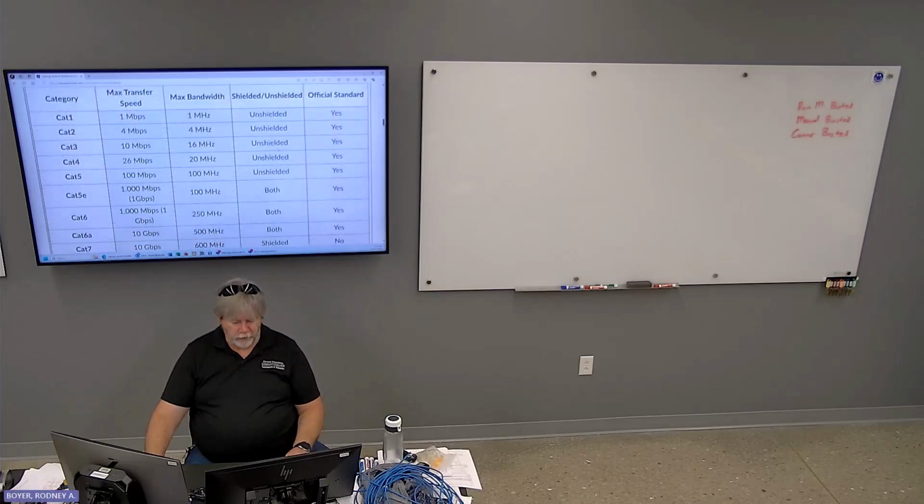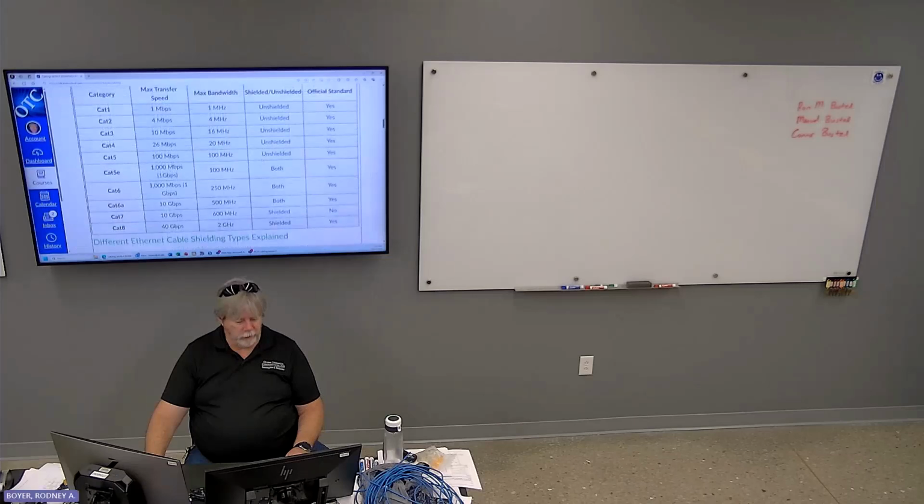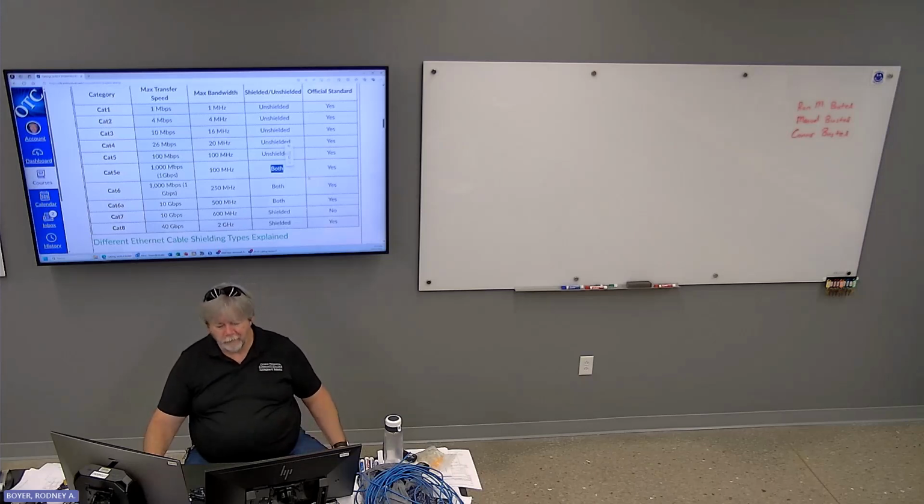So there's a chart that shows the different categories and their speeds. You don't get into shielded cable until you get up to Cat 5e. Cat 5e is available in UTP, unshielded twisted pair, and STP, shielded twisted pair.